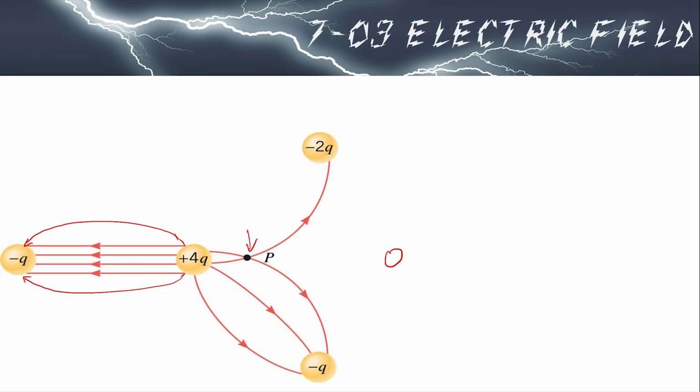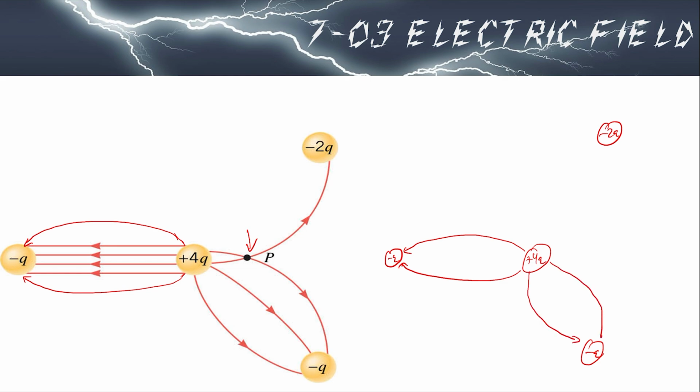So let's see about fixing it. Let's have 2 lines per charge. So both of the negative Q's should have 2 lines going to them.